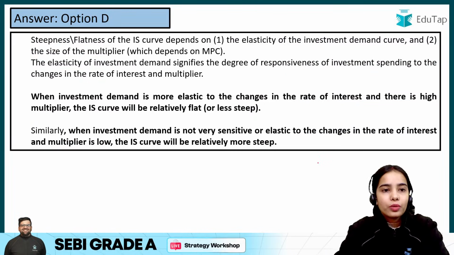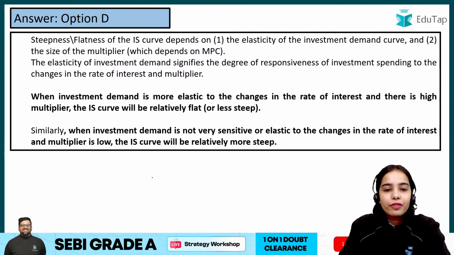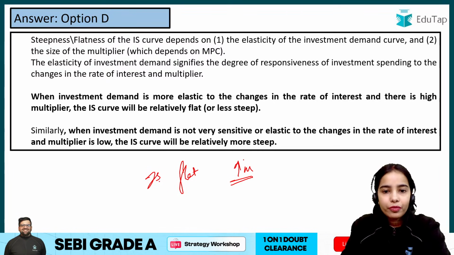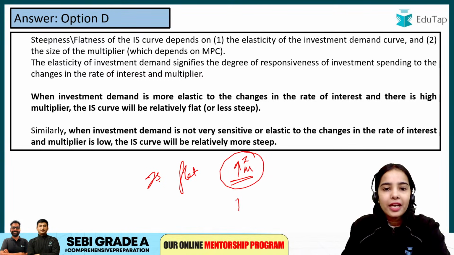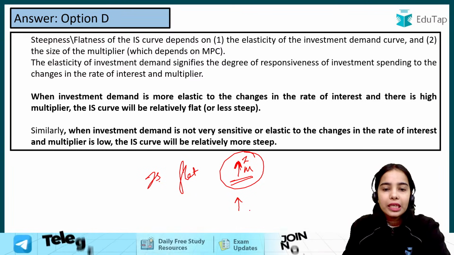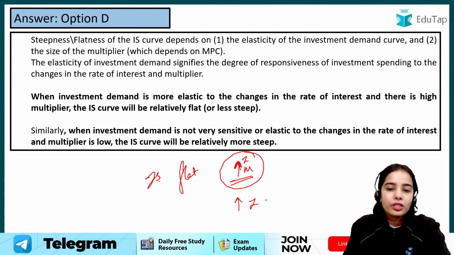Now, steepness and flatness of the IS curve. The IS curve will be flat when there is a higher investment multiplier, as well as when investment is more responsive to the rate of interest.